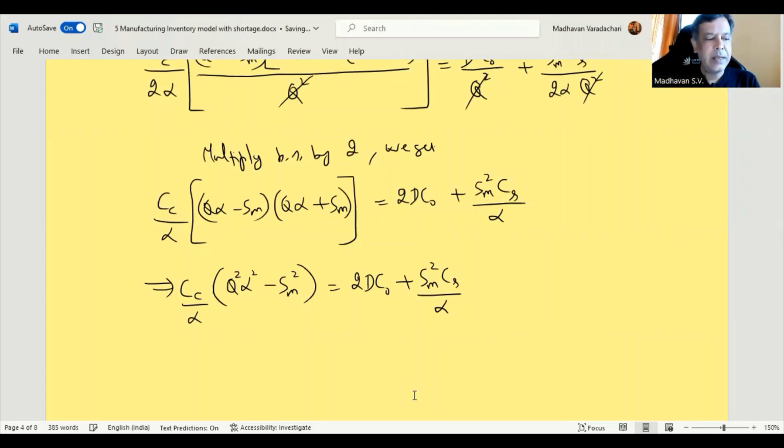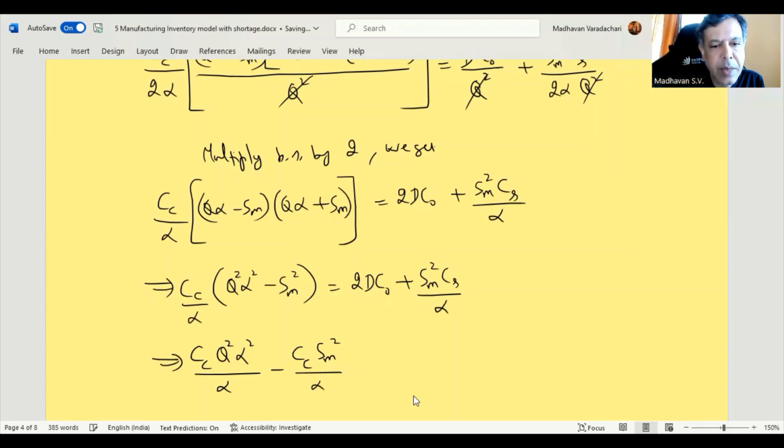Let us expand the left hand side. We will have Cc Q square alpha square divided by alpha minus Cc Sm square divided by alpha is equal to 2dCO plus Sm square Cs by alpha.